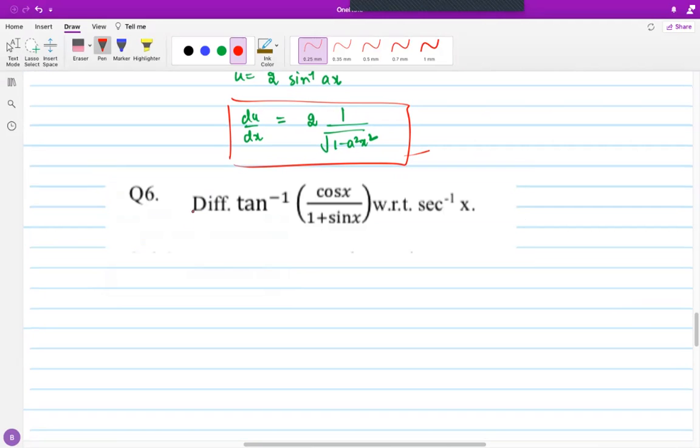Yes. So differentiation. u equal to tan inverse of cos x divided by 1 plus sin x.